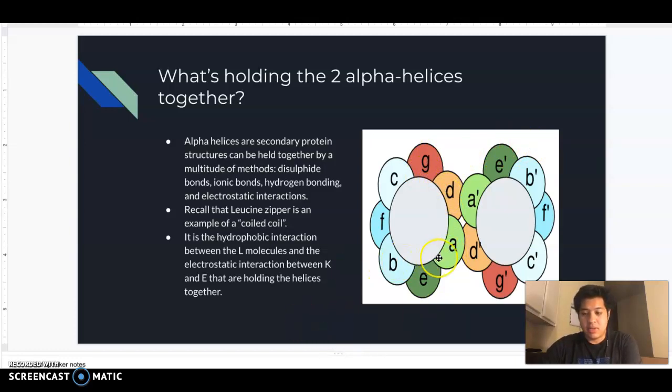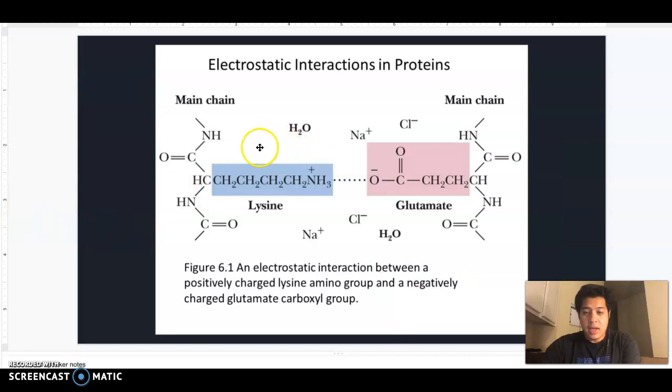Just to recap, it's the hydrophobic interactions between the leucine molecules and the electrostatic interactions between lysine and glutamate that are involved in holding the 2 alpha helices together. And again, this is just an image showing the positive lysine and the negative glutamate interacting with one another.